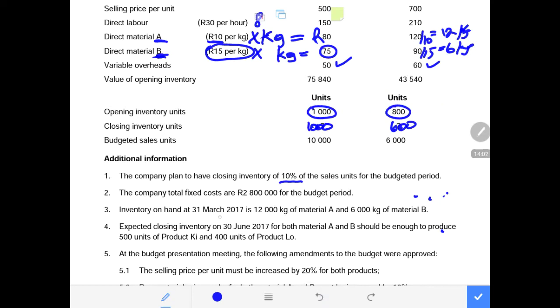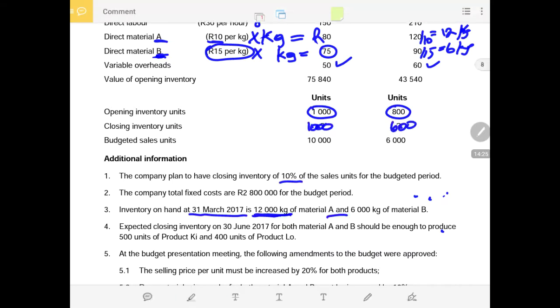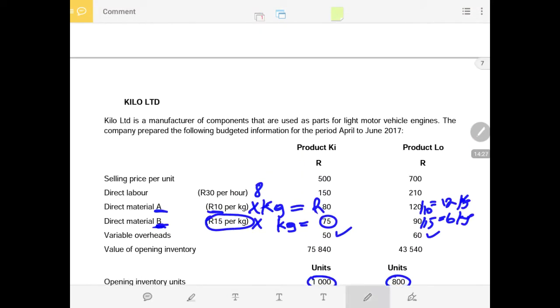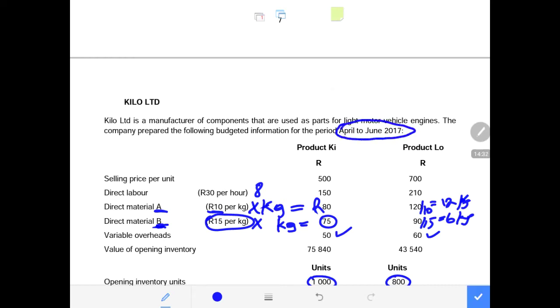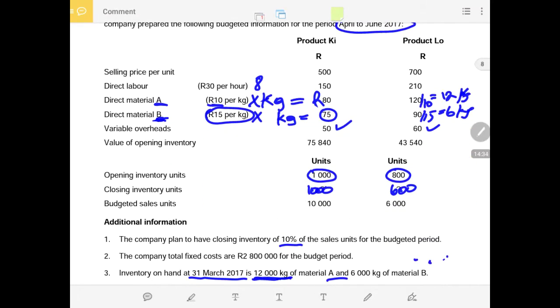Now, we are told that inventory at the end of March 2017 is 12,000 kgs, and we know that our materials are in kgs. We can see the material A in kgs, it was 12,000 kgs, and for material B it was 6,000. And please also be mindful of the fact that the period that we are provided information for is from April up until June, which is a period of 3 months.